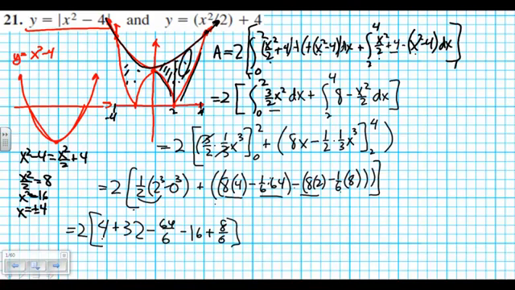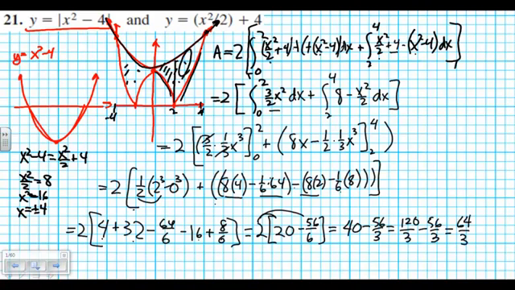Combining the units, I got 4 plus 32 is 36 minus 16. That's going to be 20. Here, I've got negative 64 and a positive 8. That's going to give me a negative 56 sixths. If I distribute my 2 through right now, I'm going to end up with 40 minus 56 thirds. Which means a common denominator of 3, so 120 thirds minus 56 thirds gives me a total of 64 thirds. And that's problem number 21.